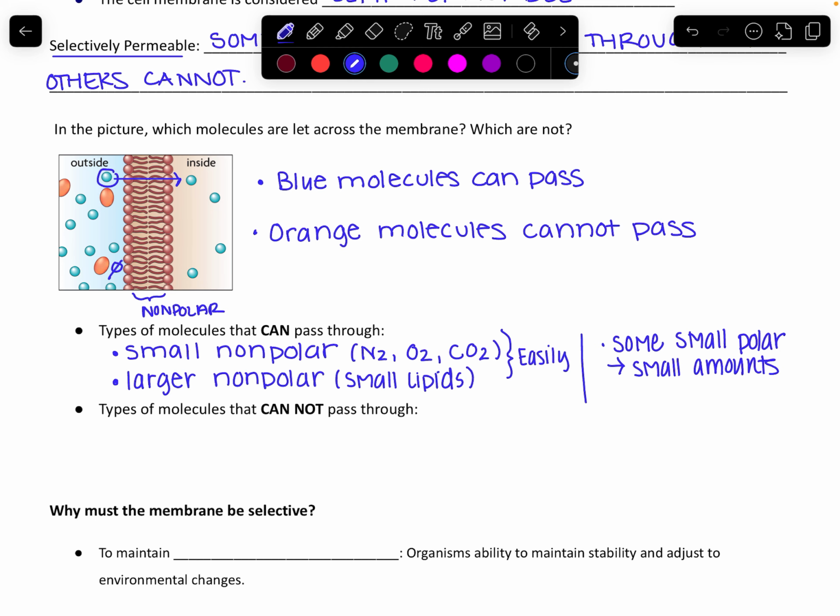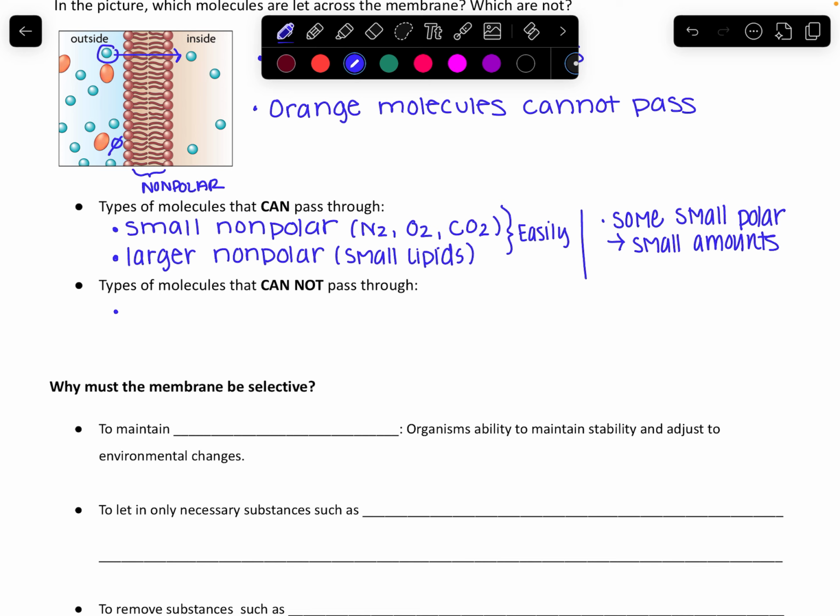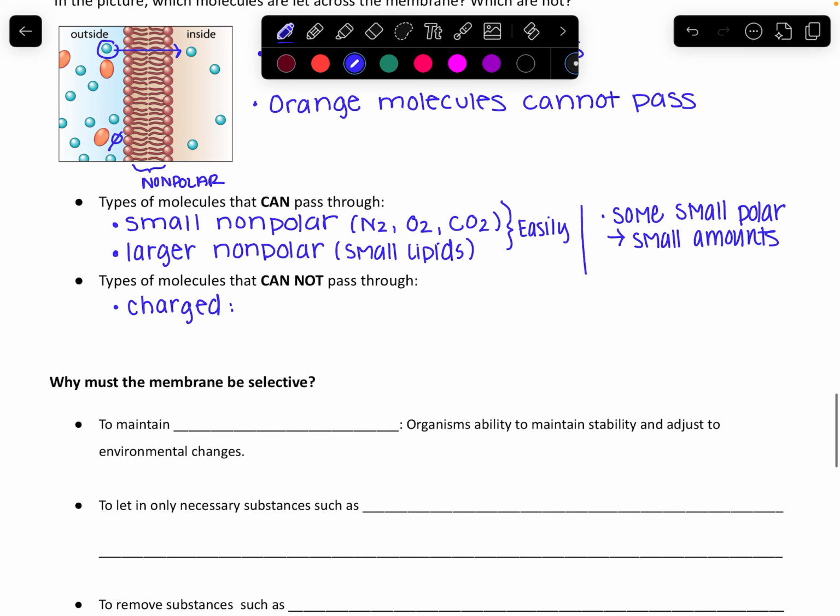Molecules that can definitely never pass through are anything charged. Our ions are just repelled by the nonpolar middle of our phospholipid bilayer. So our ions cannot pass through without the help of a transport protein.